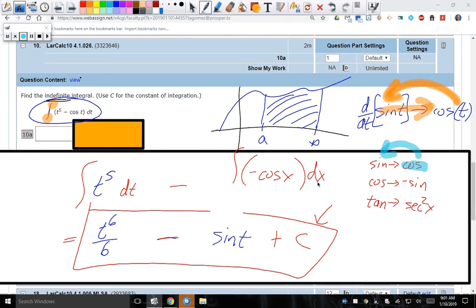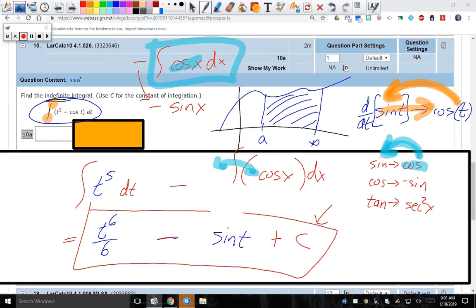And if you don't see it easily like that, you can always pull this negative out, constant multiple rule-wise, and create what you've identified from the chart of the antiderivative of cosine. This piece will be a positive sine. The negative constant multiple rule gets brought down, and it's still a negative sine.